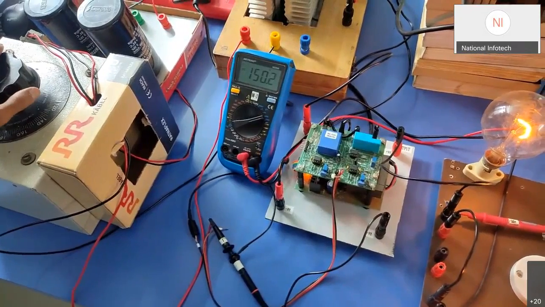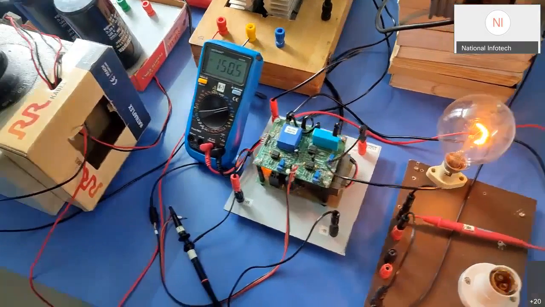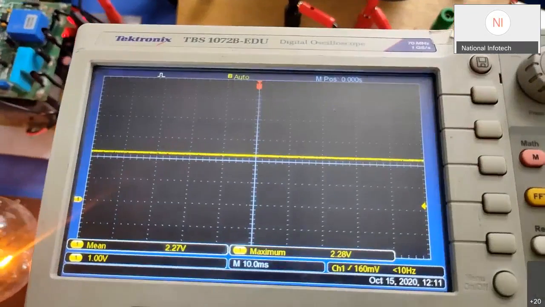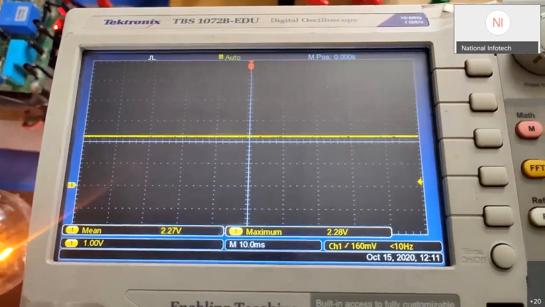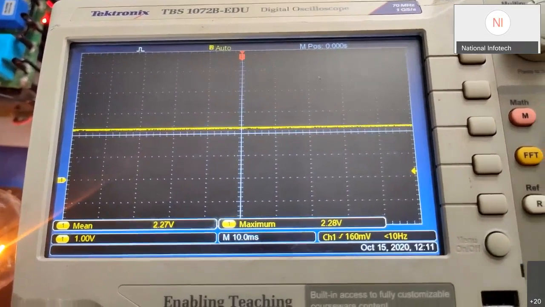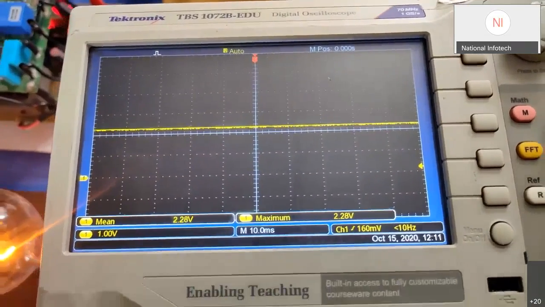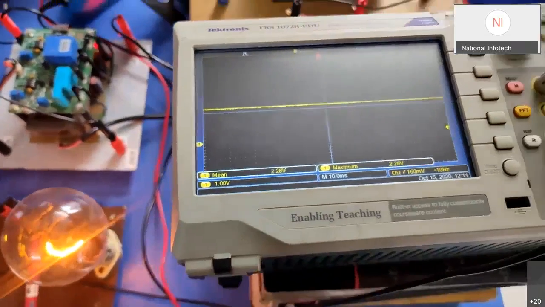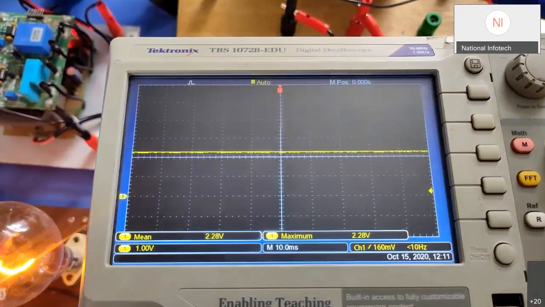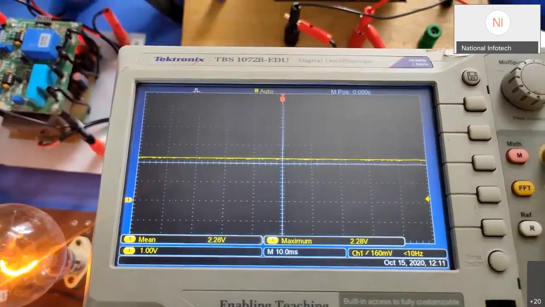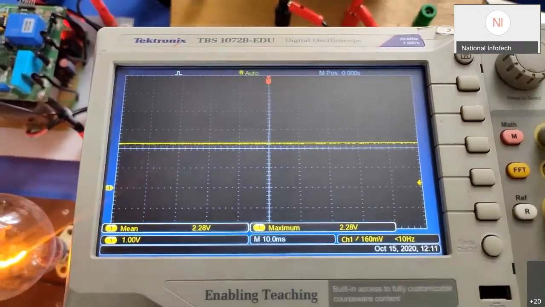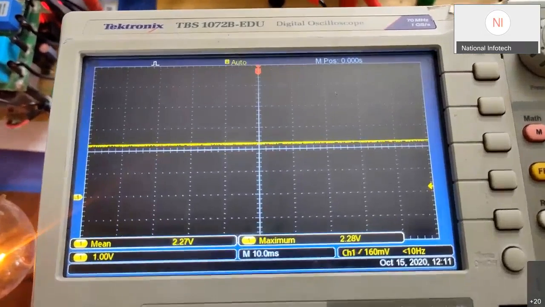I have set it to 150 volt, and we observe on the DSO that the DC link voltage is scaled down to 2.27 volt, which is nearly 2.25 volt. To give it a seal of proper calibration, we will again give a voltage of 200 volt, and it should give us a 3 volt output.